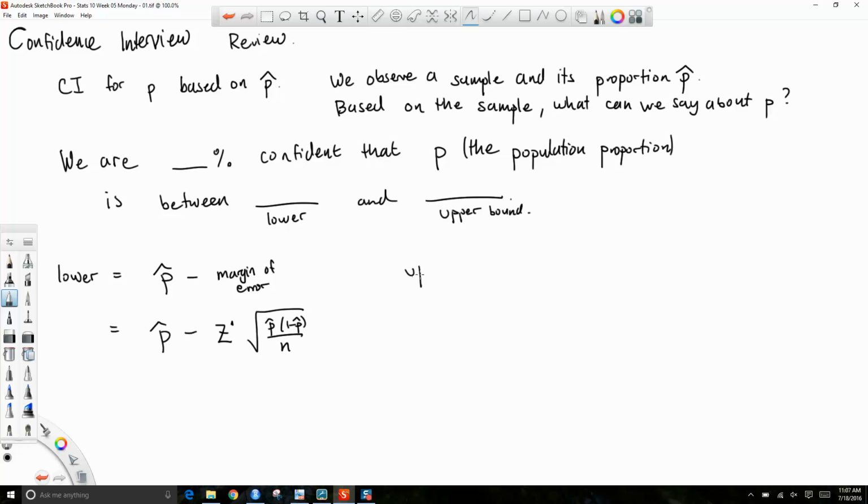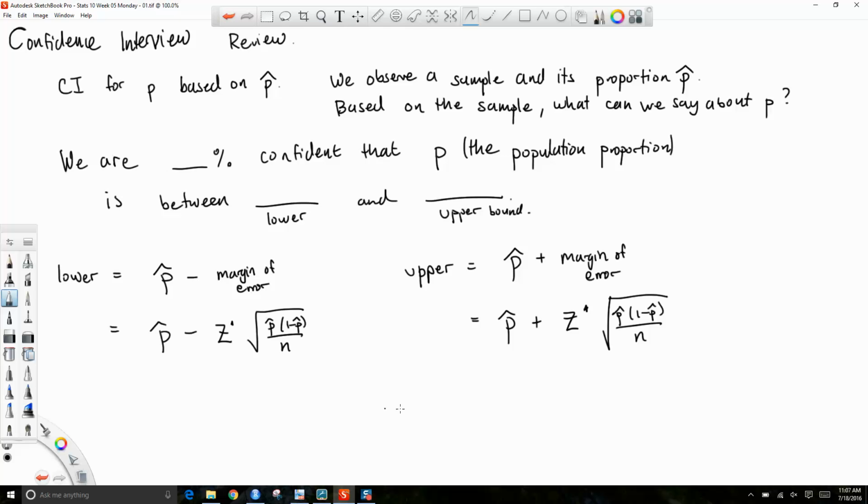And then our upper bound is p hat plus the margin of error, which is p hat plus z star times the root of p hat times 1 minus p hat over n.